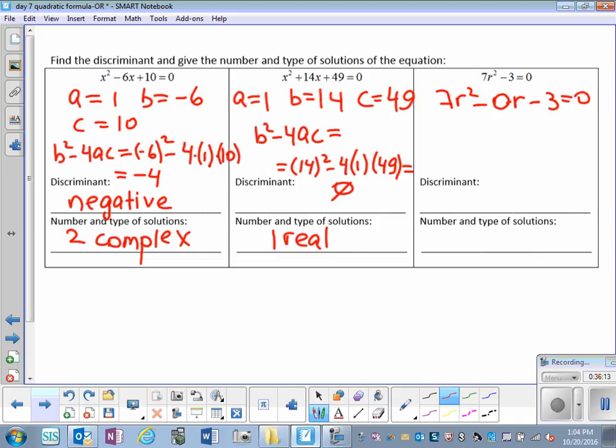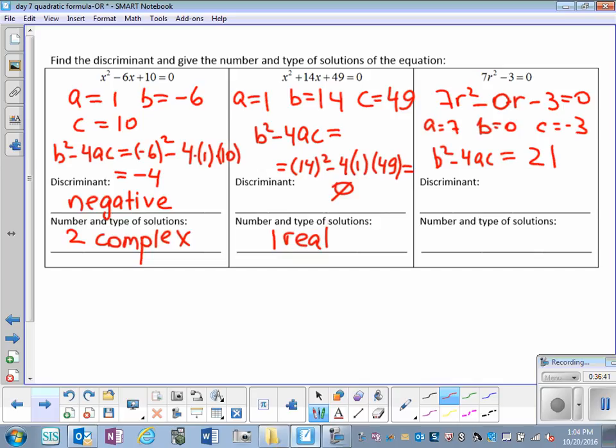Okay, so what is my a? 7. What is my b? 0. What is my c? Negative 3. So my b squared minus 4ac is what? I'm not going to write it, I'll just calculate. b squared is 0. So minus 4ac. I think it's 21, positive. What do you think?